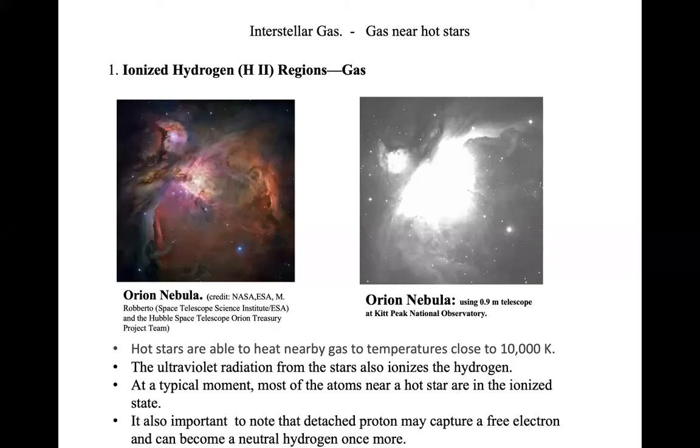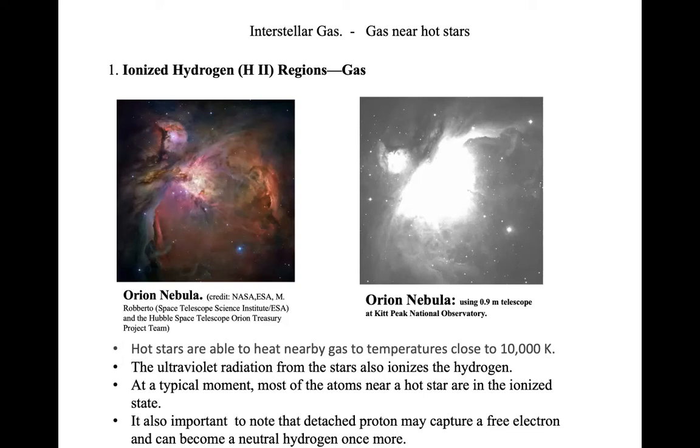The one on the right-hand side was taken by myself from the Kitt Peak National Observatory using a 0.9 meter telescope. From your previous knowledge, when I say a 0.9 meter telescope, you should get the idea that this telescope has a primary mirror with a diameter of 0.9 meters. This was taken using, as far as I remember, a red filter or something like that.